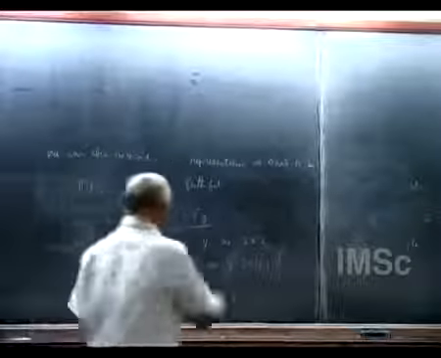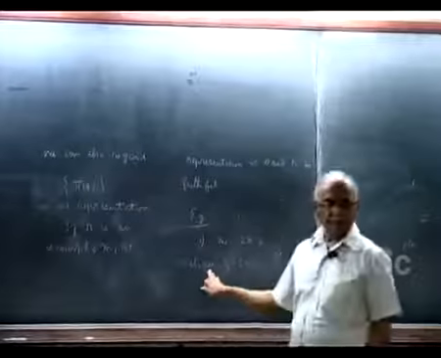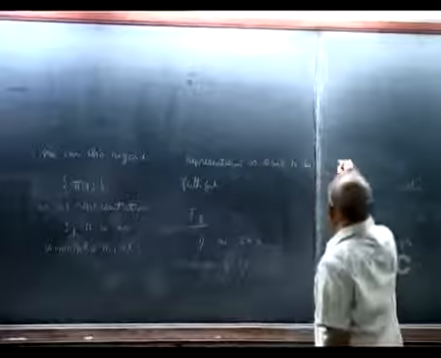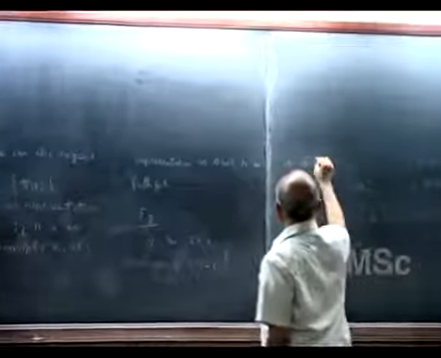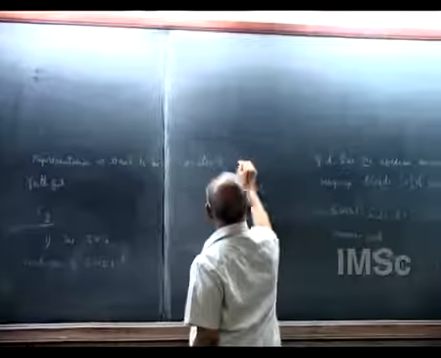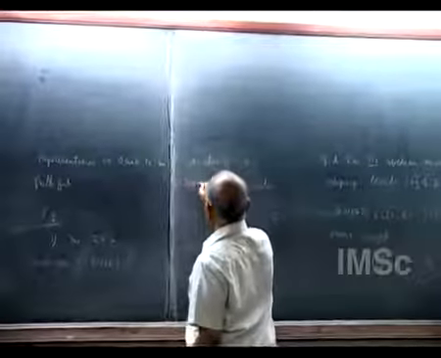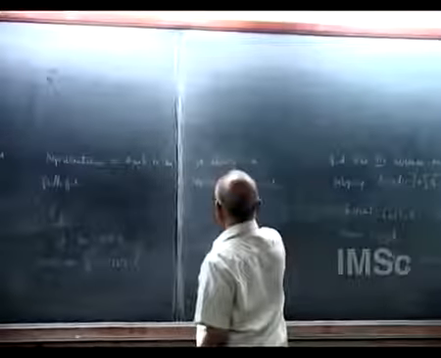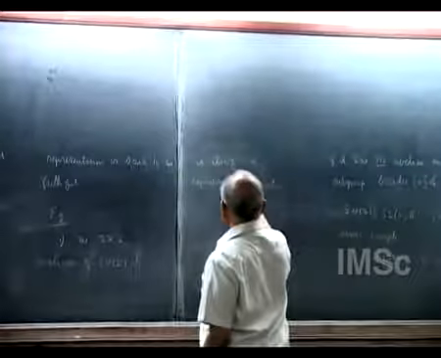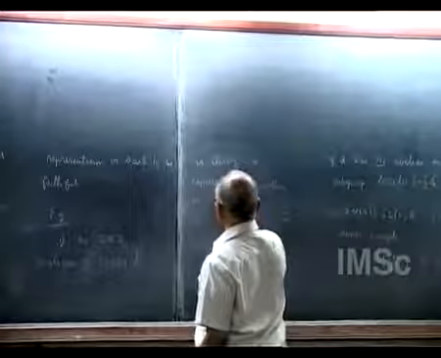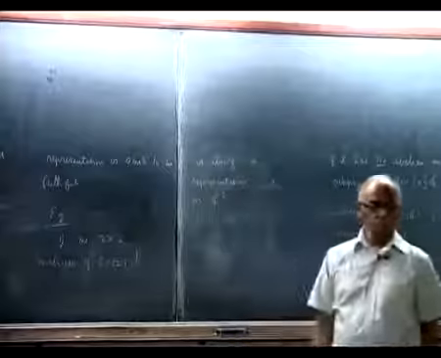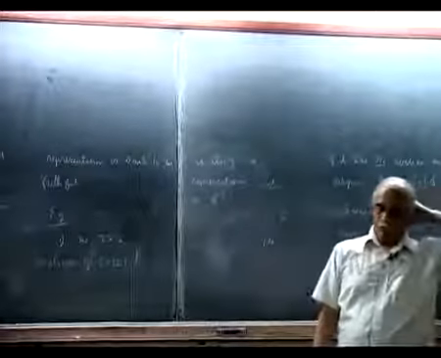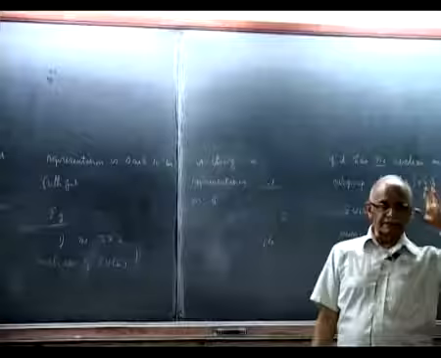But we are starting with the concrete 2 by 2 matrices, which is itself a representation on a 2-dimensional complex vector space. Okay. So it is already a representation.